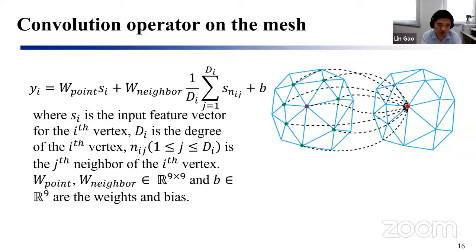But with the help of graph convolution, we could view the 3D triangle meshes as a graph. Each vertex could be viewed as a node, and the edges between vertices could be viewed as the edges of the graph. So here we could use a graph convolutional neural network to encode the deformation representation.